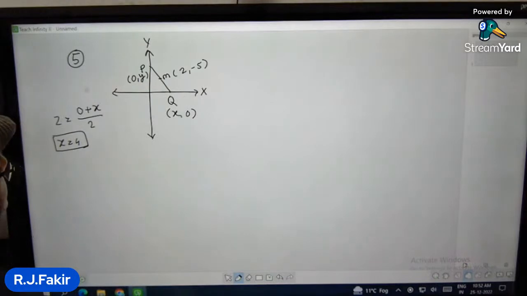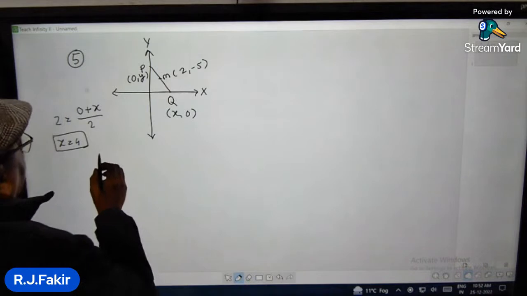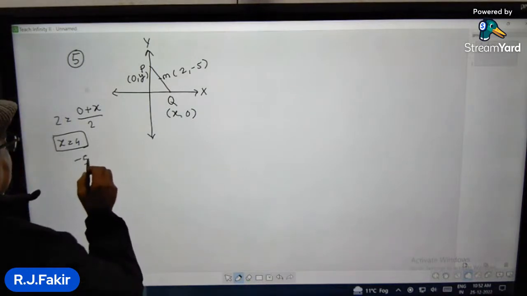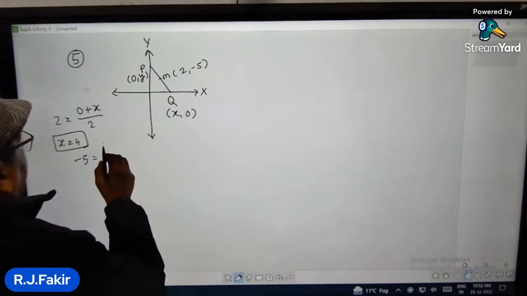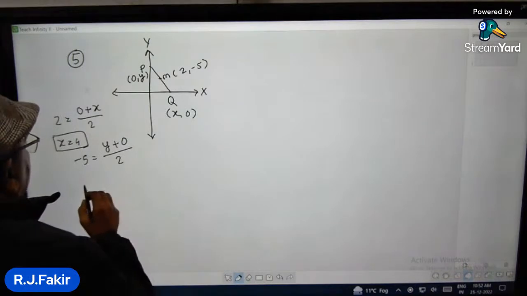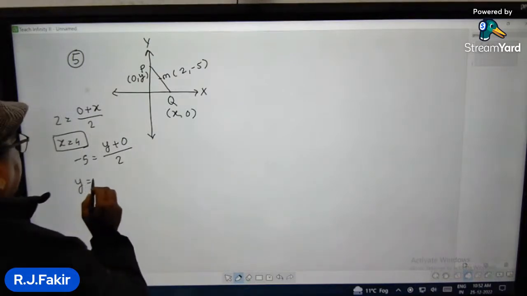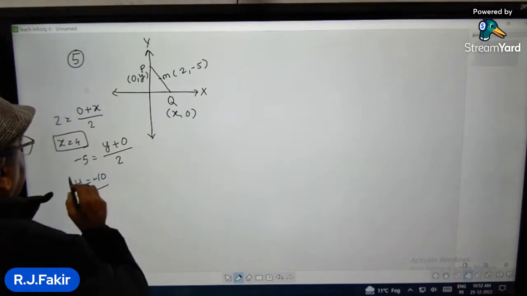Similarly, the same rule we can apply on the y coordinate, which is minus 5. So that will be y plus 0 upon 2, and that gives me y as minus 10.